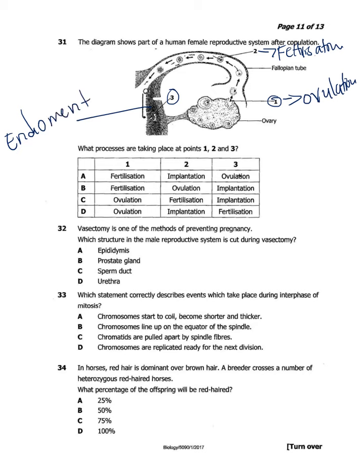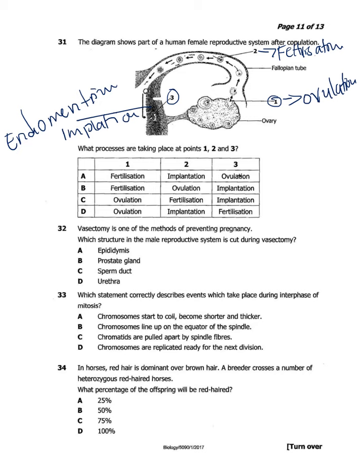Now our key point is what process occurs in the uterus lining, which is the endometrium. So here we have what we call implantation. So implantation is the process by which a fertilized egg attaches itself to the lining of the mother.